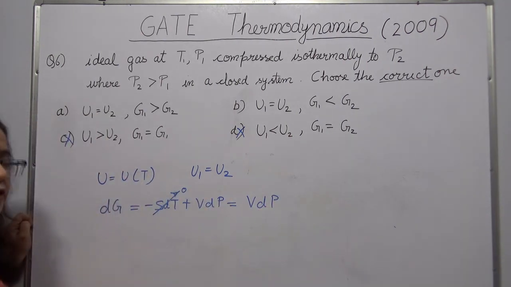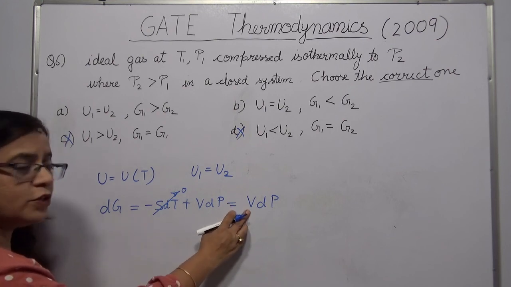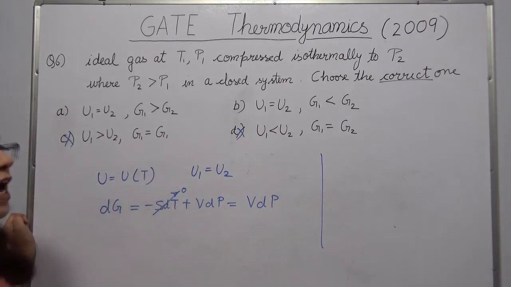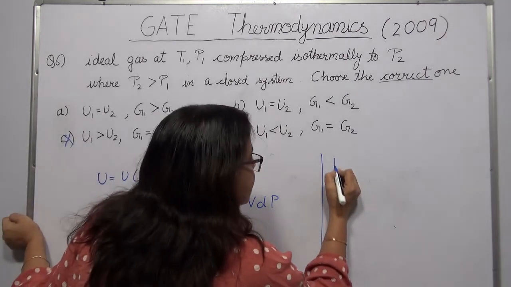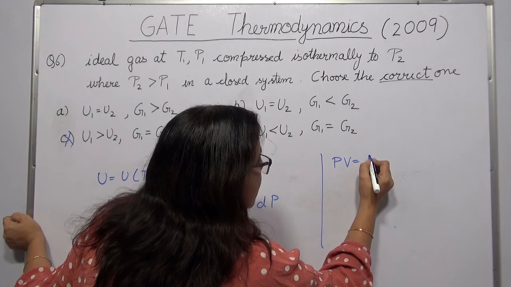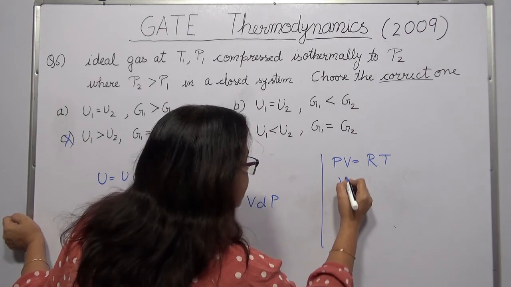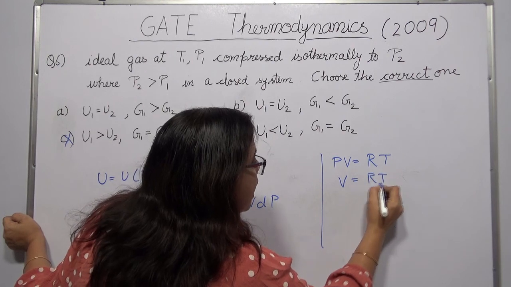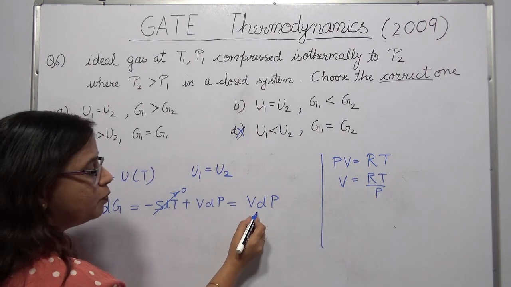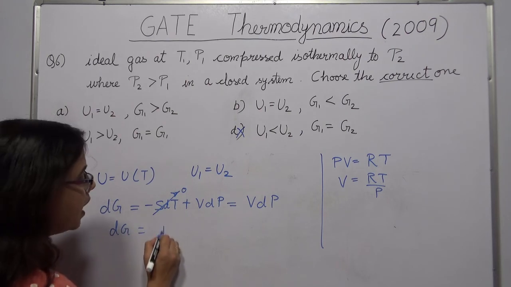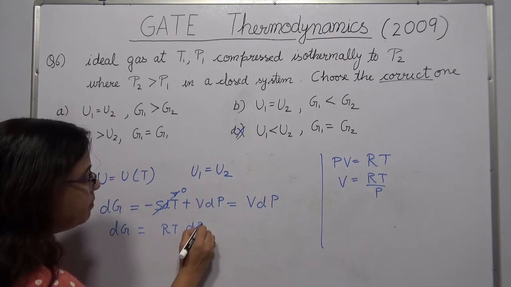I do not have any information about volume, so I will change the variable from V to T and P using the ideal gas law. PV equals RT, so for molar quantities V equals RT by P. So dG equals RT dP by P.